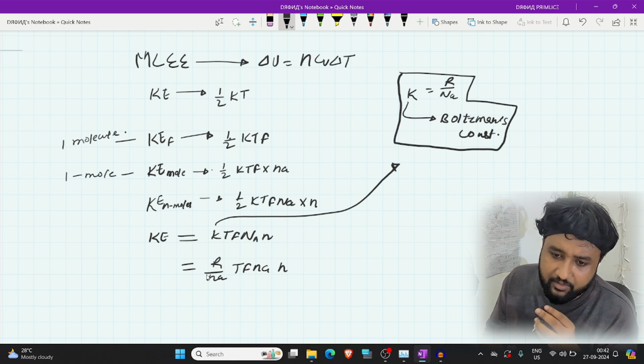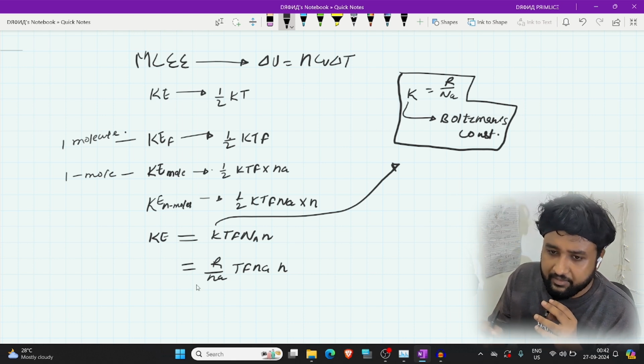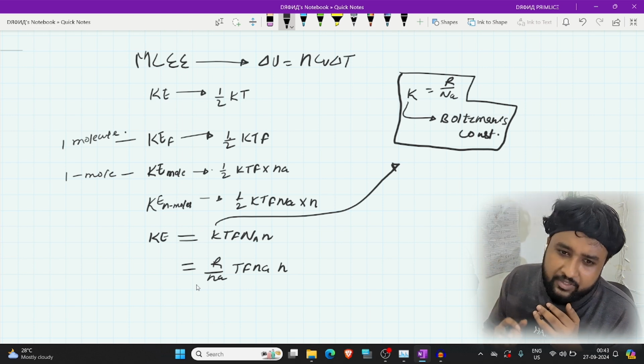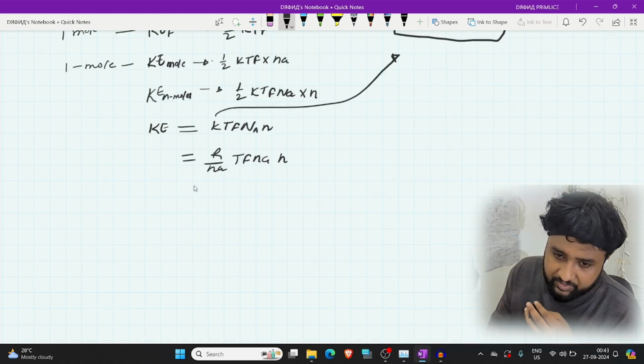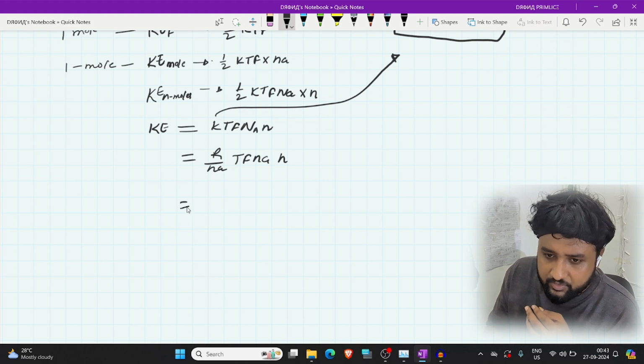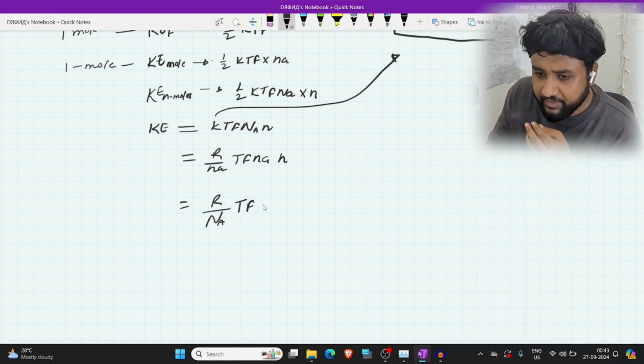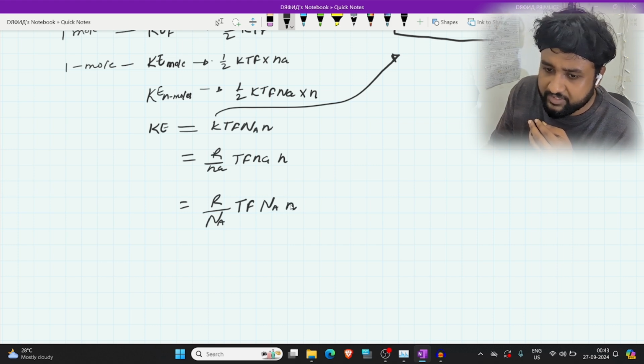This is just for the sake of derivation. I'll write it properly when the derivation is done. I know this is a very unprofessional way to do it. Can you please forgive me for that, because I'm still learning. So we can write R upon Na, this is Avogadro number, into T into degree of freedom F into again Na, which is Avogadro number, into number of moles, which is n.